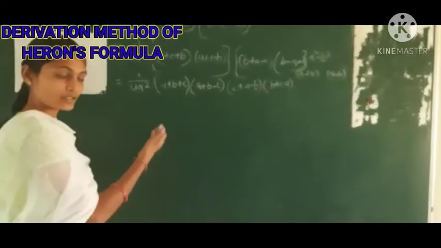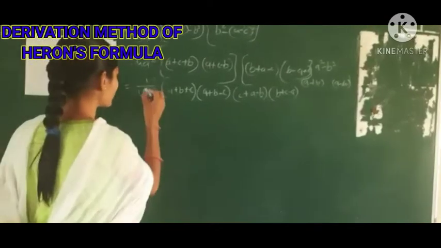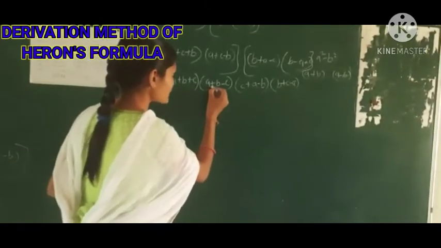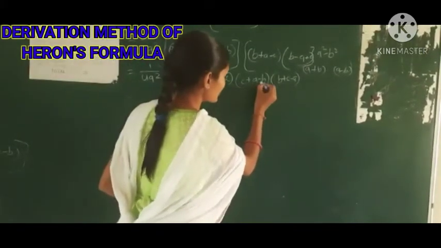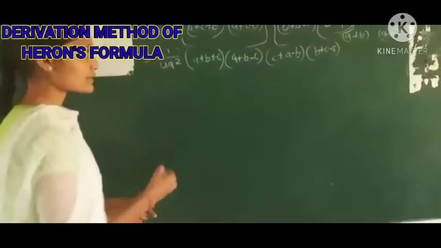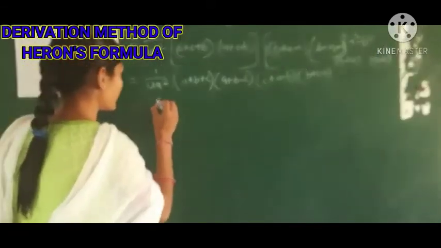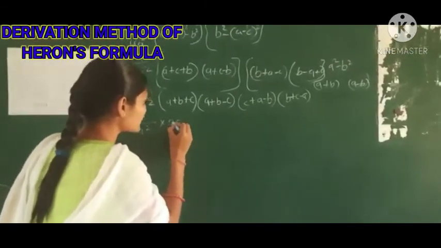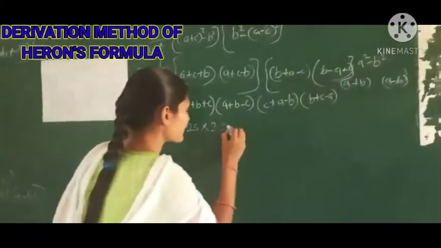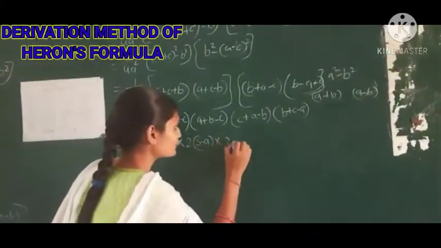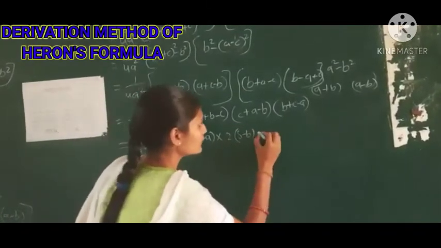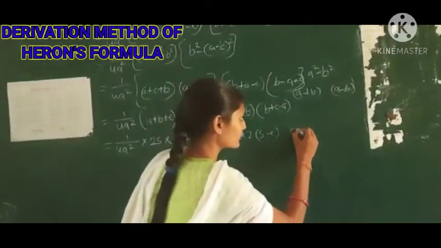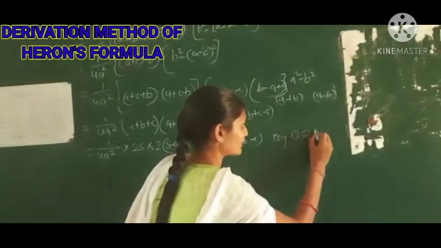Let us write these values in our favor. We get 1 by 4a square, (a plus b plus c) and (a plus b minus c), and (c plus a minus b), (b plus c minus a). Substituting the correct values, we get 1 by 4a square into 2S into 2(S minus a) into 2(S minus b) and into 2(S minus c).